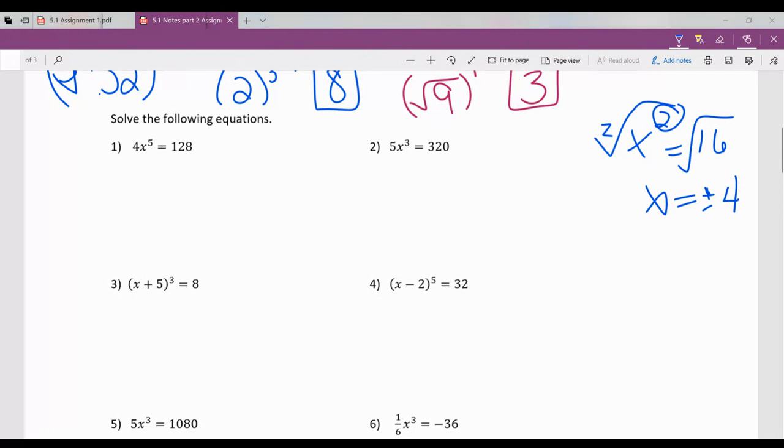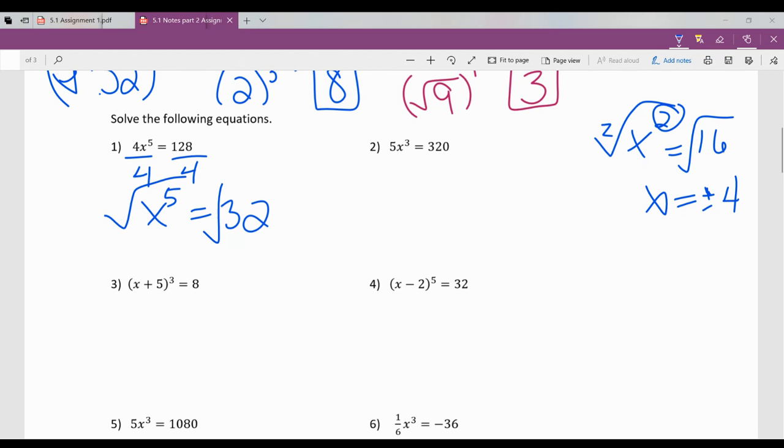So when we take that idea that the square root undoes squared, we're going to apply that over here. First thing, I'm going to solve for x. So first I divide by 4. So I get x to the 5th equals 32. And then to get rid of raised to the 5th, it's kind of like how we would get rid of squared. We took the square root.